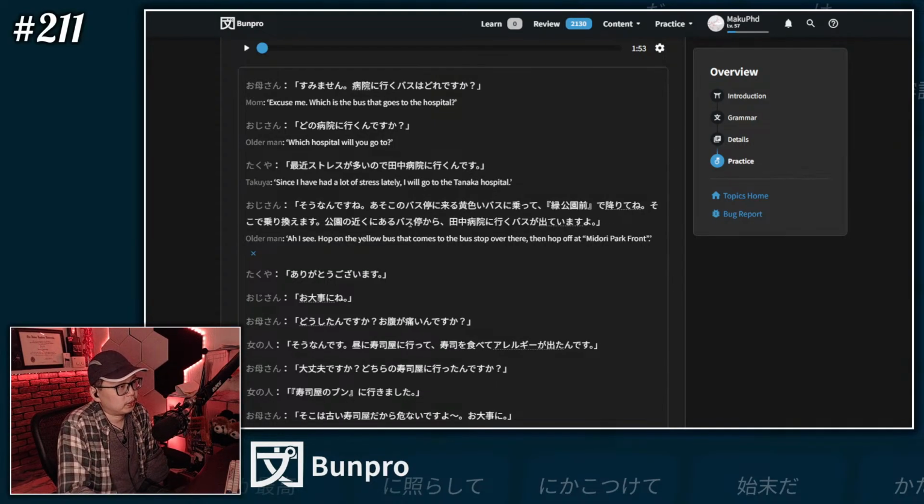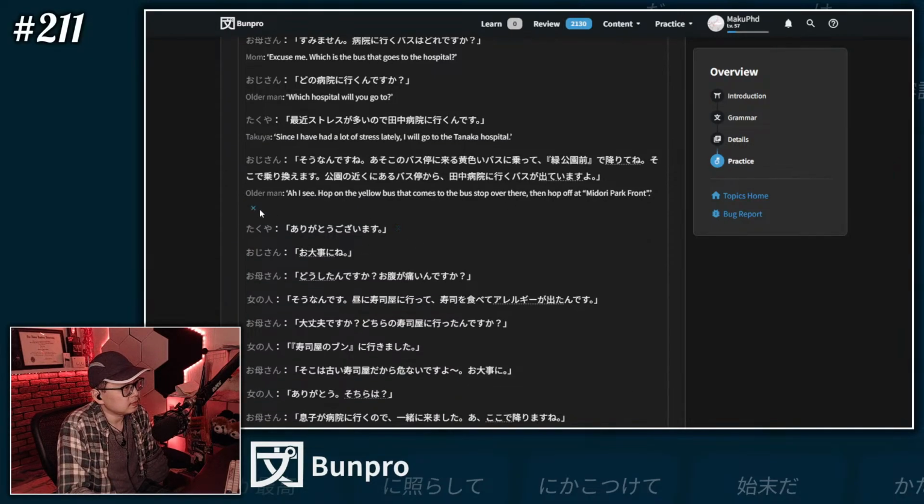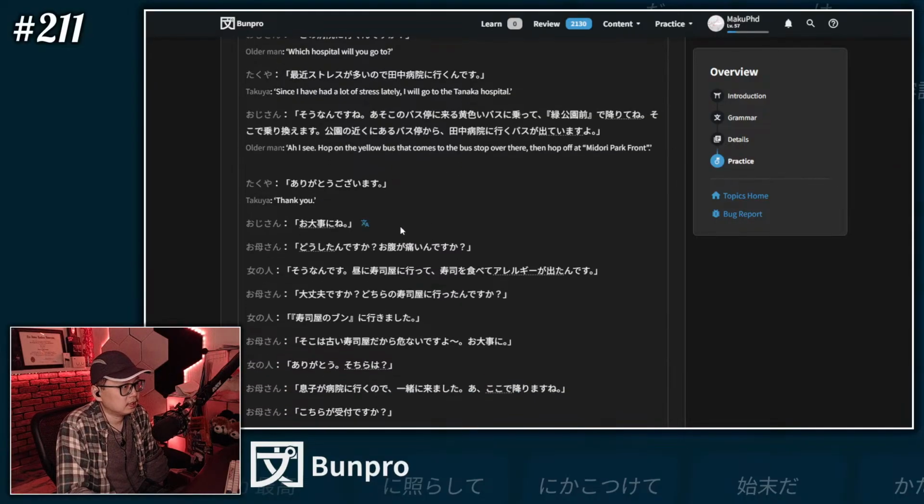So from that bus stop near the park, there is a bus that goes to the hospital, and it looks like it's missing the bottom half. So they still have some spacing errors here in this section. That's right. Thank you.